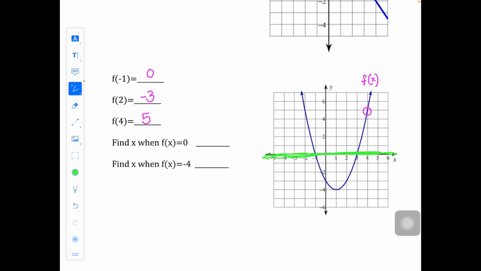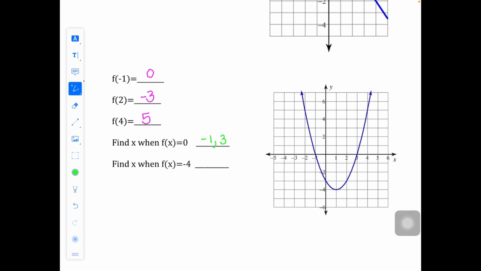And that would be at more than one point. It would be here and here. So what are those x values? Well, one we had already discovered was negative 1. And the second one is 3. So there are two x values where f of x is 0.